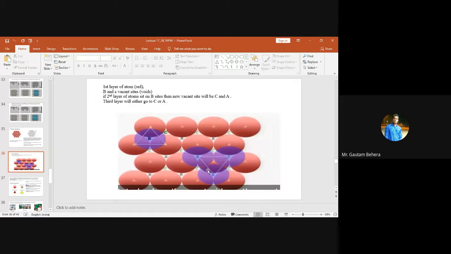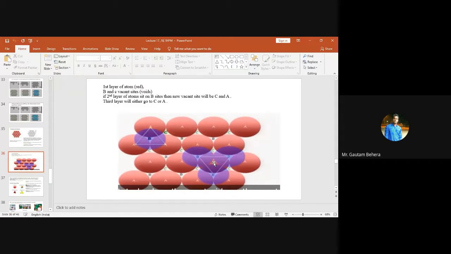If it sits on the C site, then it will be ABC type of stacking sequence. But if the third layer of atoms sits in the A site again, then it will become AB type of stacking sequence of atoms.